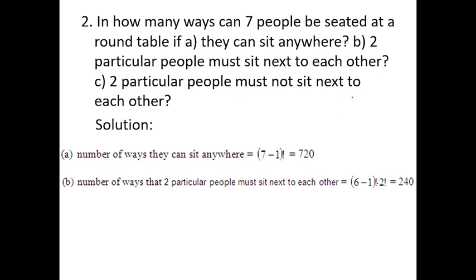Okay, letter C. Two particular people must not sit next to each other. Baka magkaaway sila, or nagkaroon sila ng argument, no? Kung mag-asawa sila, baka nagkaroon ng argument, ayaw mo na magtabi. So, 1, 2, 3, 4, 5, 6, 7. Two particular people, si person A, si person B, dapat laging may pagitan na tao.